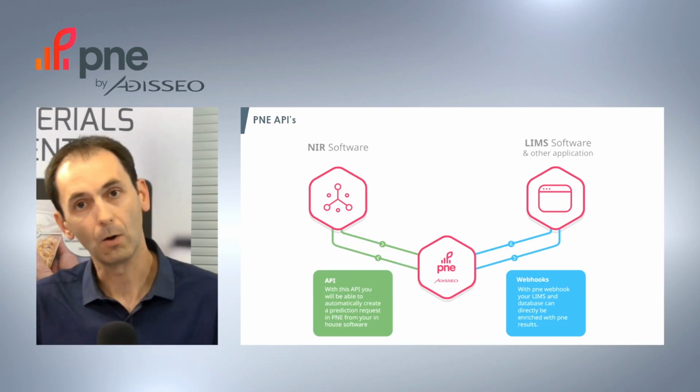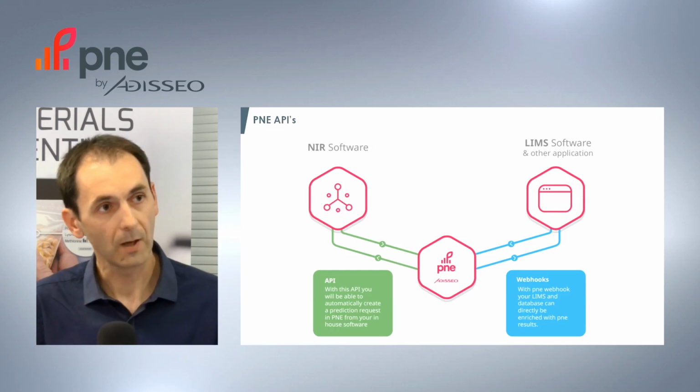And on the other hand, with another type of API, the NIR results can be directly transferred to the LIMS software to minimize handling errors of the data.